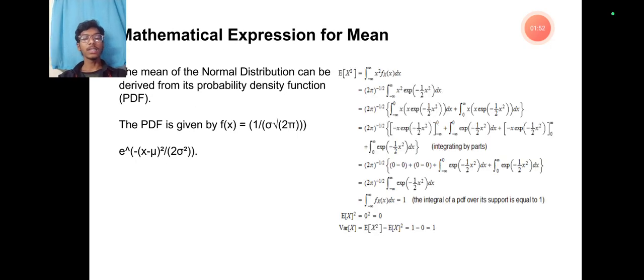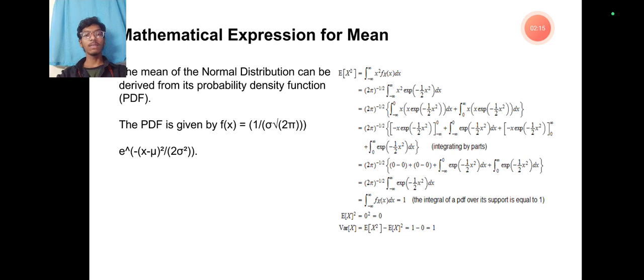This slide explains the mathematical expression for the mean. We learned the definition of mean in the previous slide, and in this slide we learn the mathematical expression for the mean. The mean of the normal distribution can be derived from its probability density function, also called the PDF.